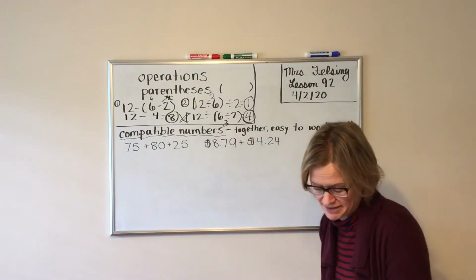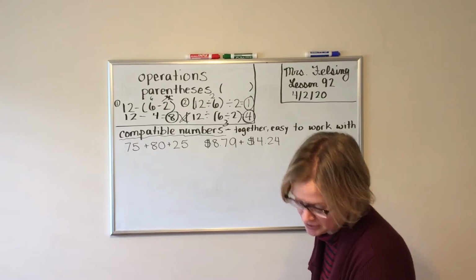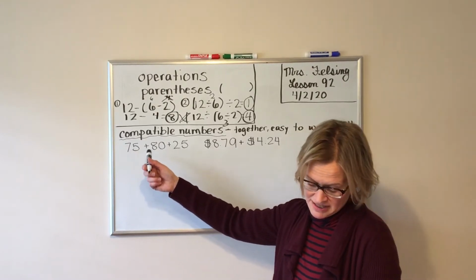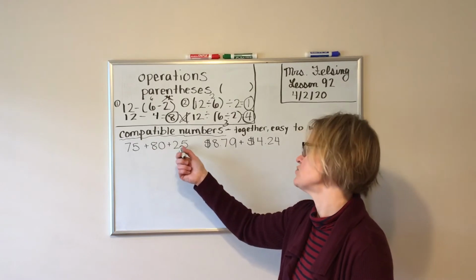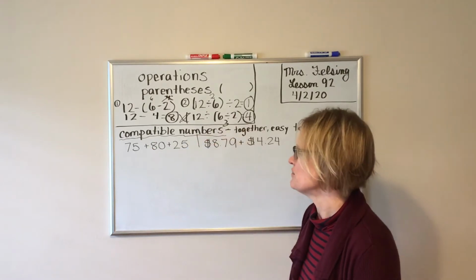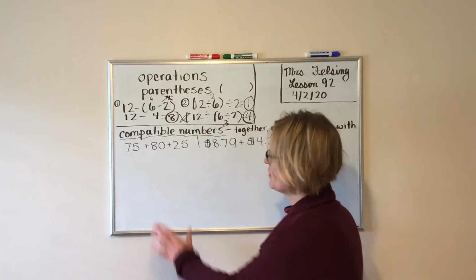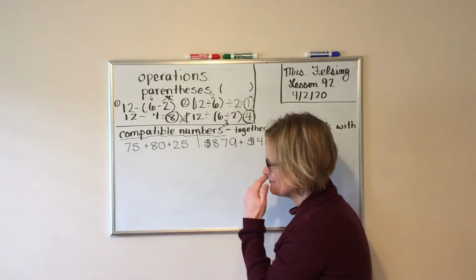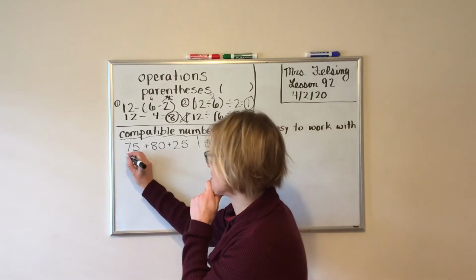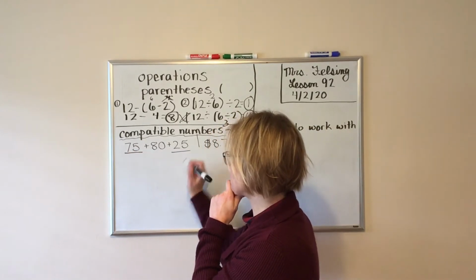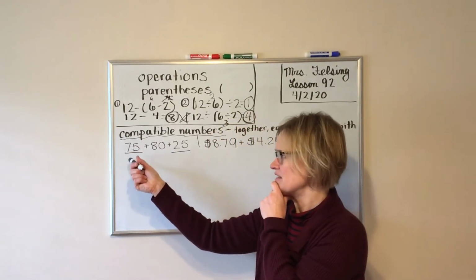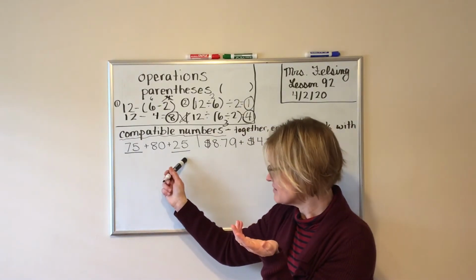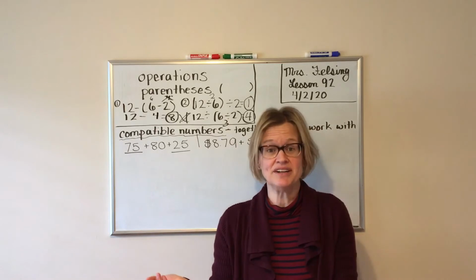So for instance, I'm taking a look at example number 3 on page 501. It has 75 plus 80 plus 25. Now I could put them all together vertically and do that. Yeah, that's fine. But as far as compatible numbers go, 75, if I think about it, especially money, 75 cents plus 25 cents, well, that equals $1, right?